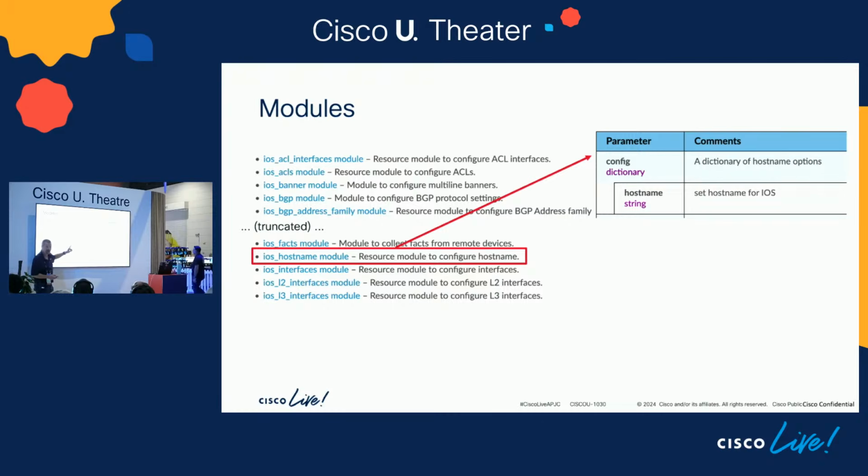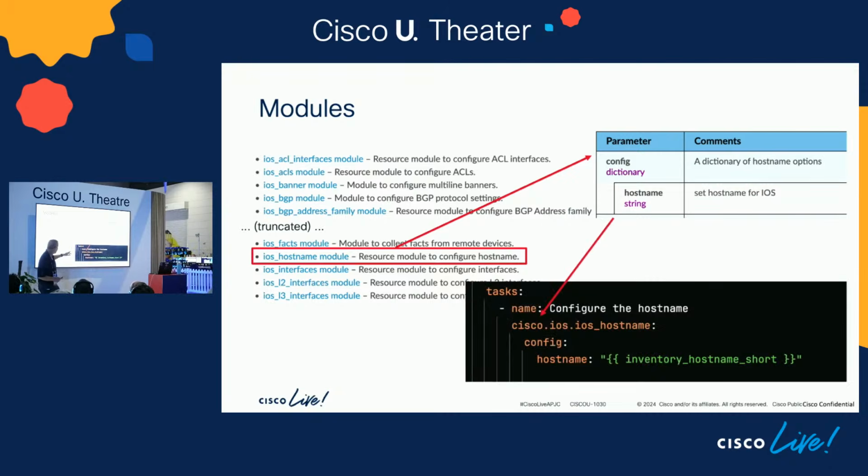When you click on this, you'll see the documentation, and it will tell you the parameter name config is a dictionary, and there's a required parameter called hostname, and that defines the hostname. So just follow the documentation, and that's going to guide your YAML creation. And you can see cisco.ios.ios_hostname. That's the name of our module. So cisco.ios is the collection. ios_hostname is the module.